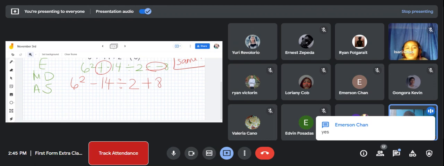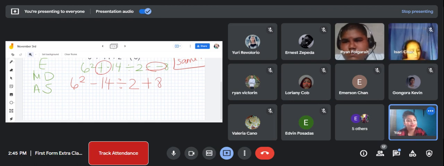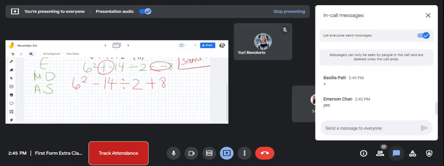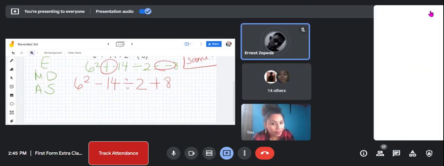If I have 6 raised to the power of 2, or with an exponent of 2, what is that going to change to? 6 times 6.